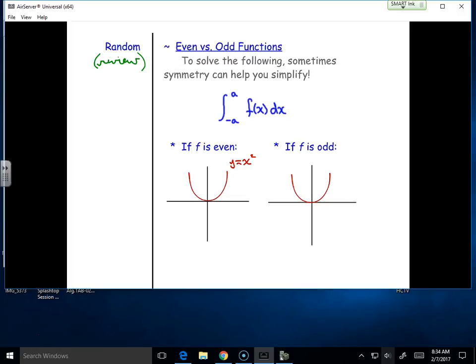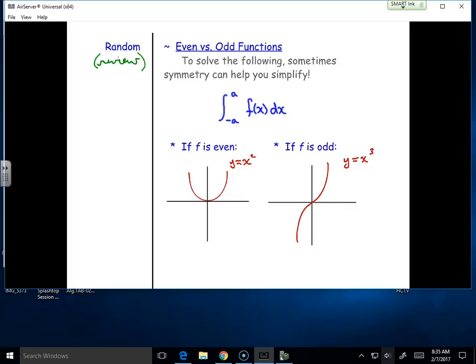Wait, but x squared isn't odd. That doesn't work. Who would be a good example for odd? So I have y equals x squared as an easy example, and y equals x cubed as an odd example.